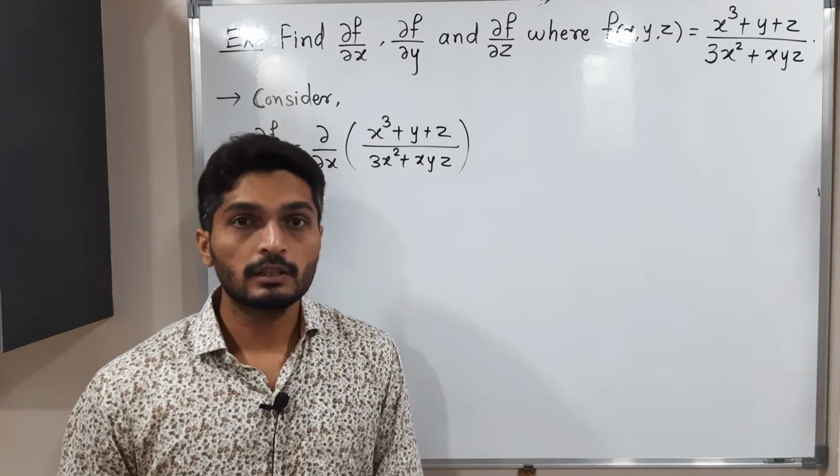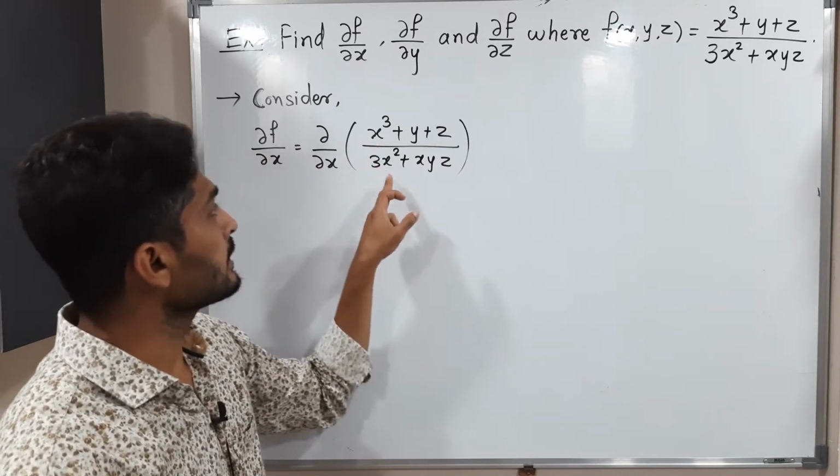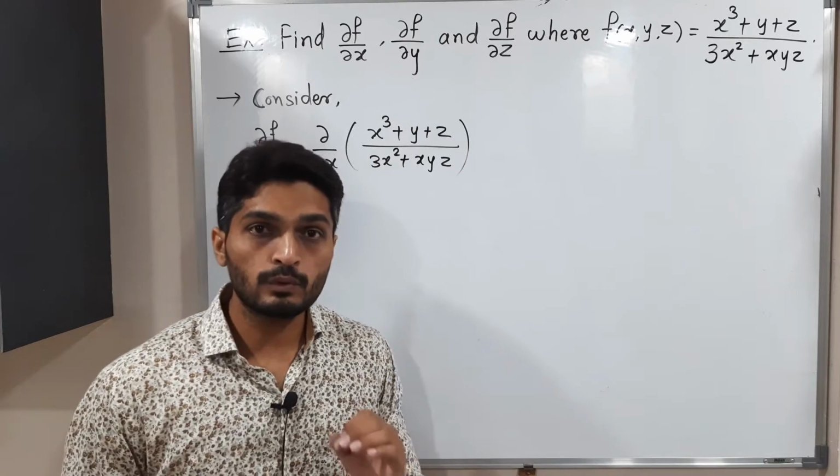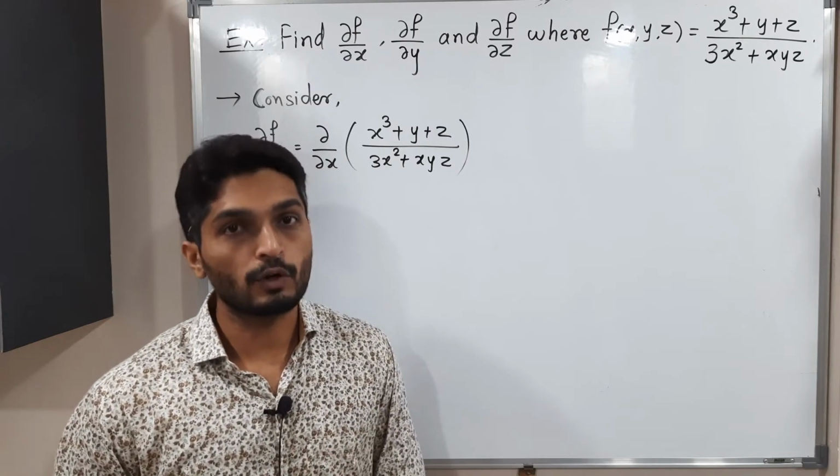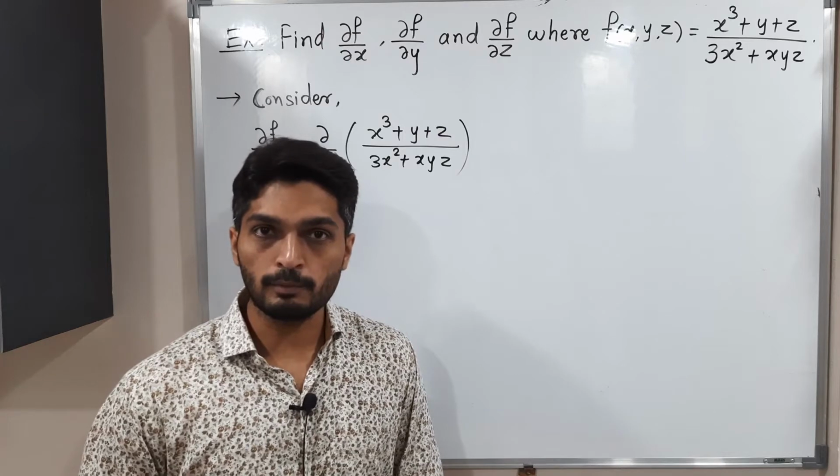In the numerator you can see there is x, and in the denominator also there is x. So we have to use the u upon v formula to find its derivative. You remember that formula?